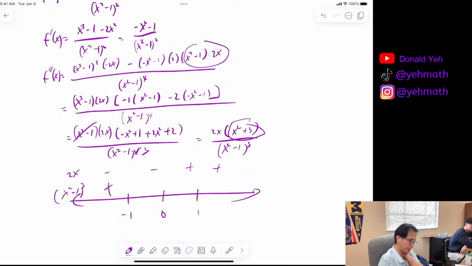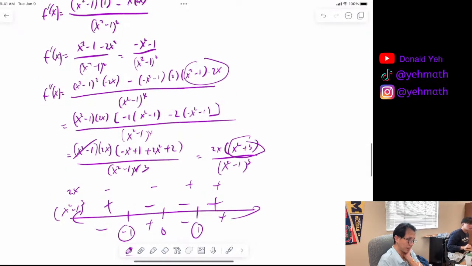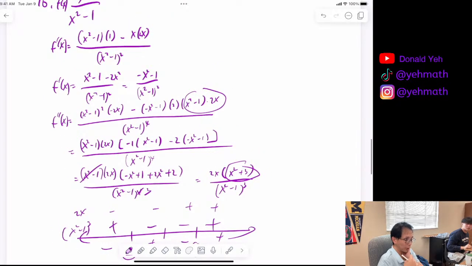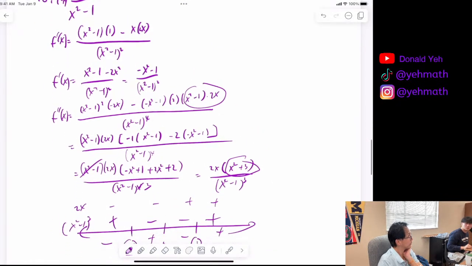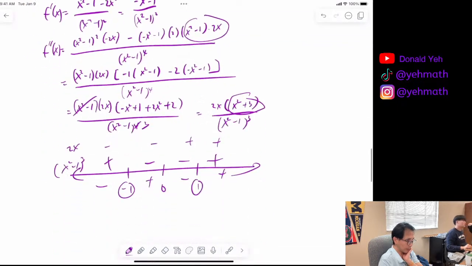Positive, negative, negative, positive, I think. Okay, so the inflection points seem like negative 1 and 1, but the truth is there are no inflection points there. Why? Because there are asymptotes at negative 1 and 1.